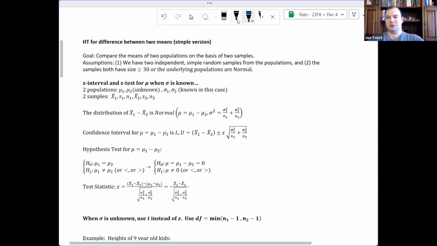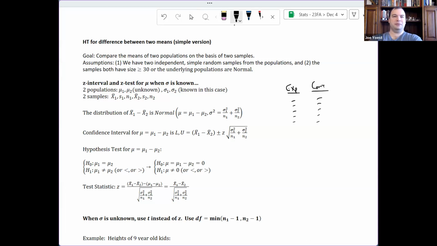So let's say we have some new pharmaceutical treatment that we think is effective. We set up an experimental group with some folks in it, and a control group with some other folks in it. Maybe these folks all have the same disease, they all have the flu or something, and we give the treatment to the experimental group, and not to the control group.